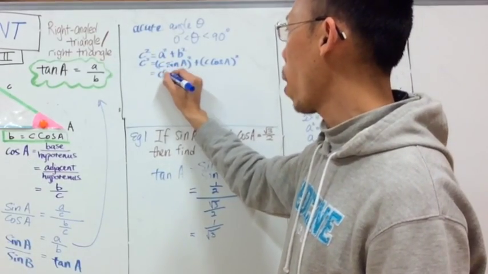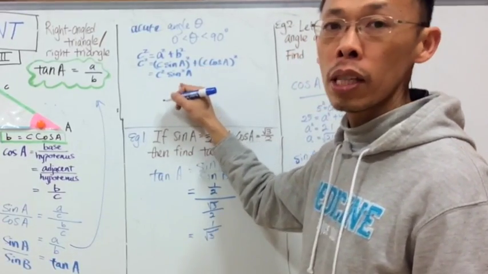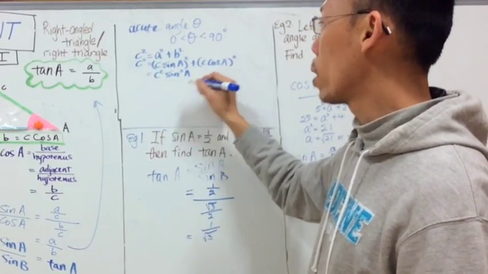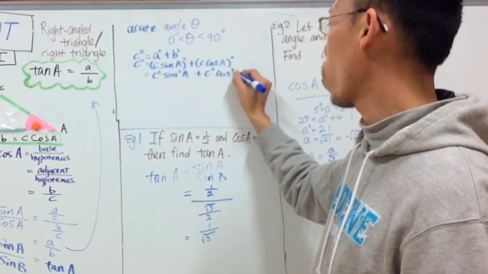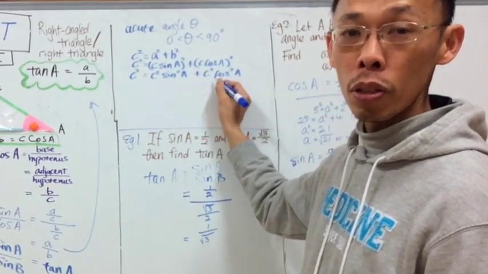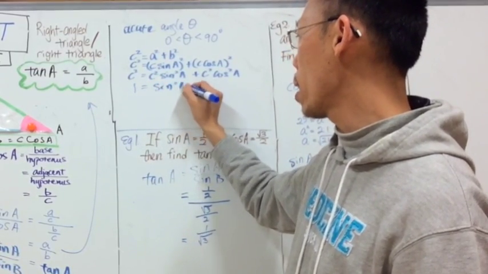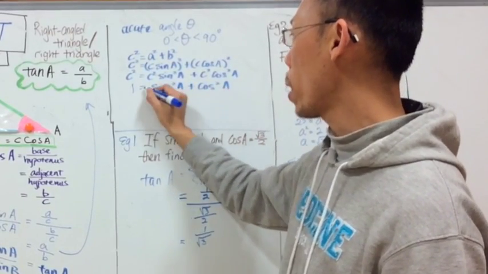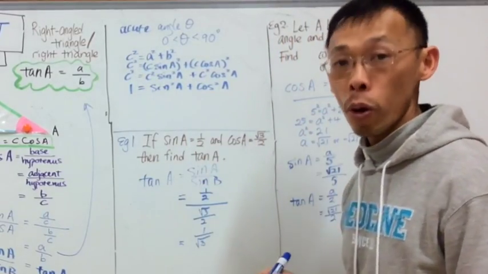This becomes c squared sine squared A plus c squared cosine squared A, where sine squared A just means sine A everything squared. The c squared cancels out as the common factor, and you're left with 1 equal to sine squared A plus cosine squared A. This is an important formula.